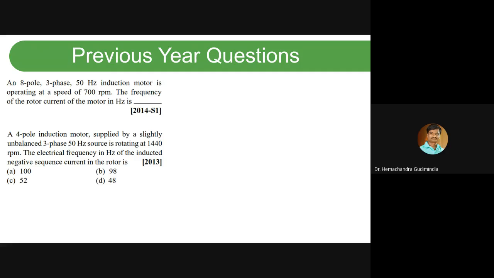Same thing, we have to find the rotor frequency. Synchronous speed Ns equals 120 into 50 by the number of poles, which is 4, so it will become 1500 rpm.